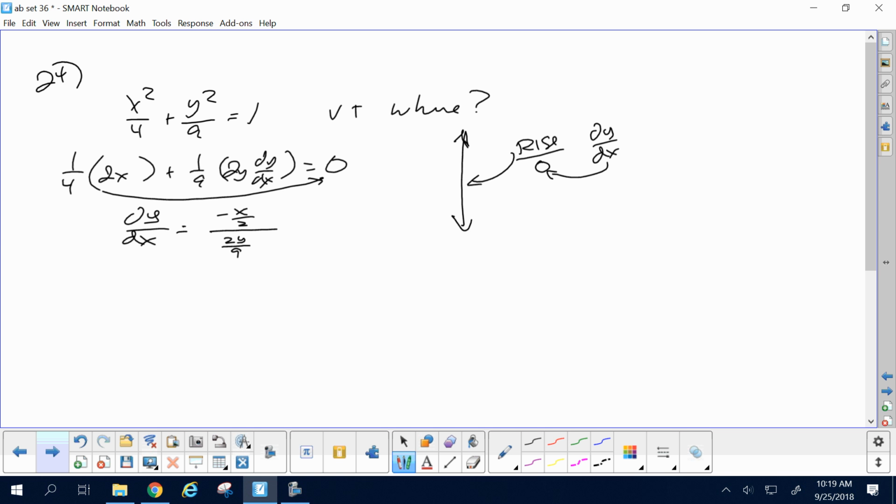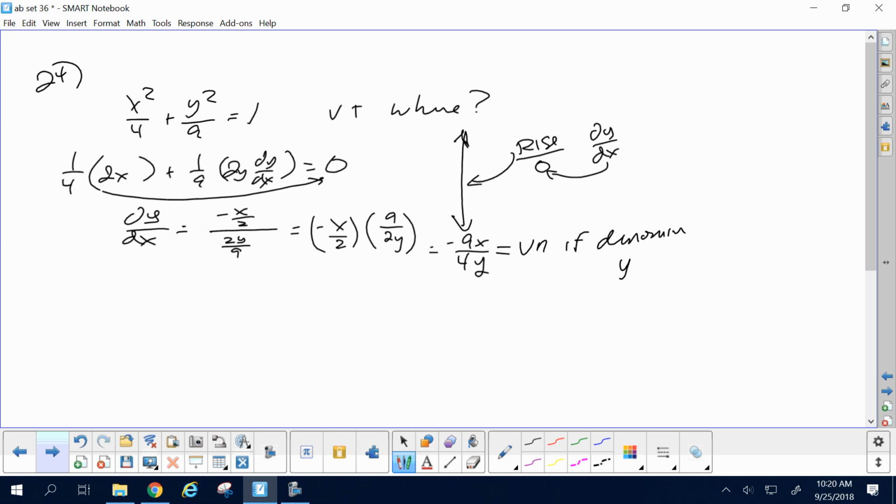Now surely that could be cleaned up, and I think it would probably be worth cleaning up, so I'm going to call it negative x over 2 times reciprocal 9 over 2y. Tracking? So negative 9x over 4y. Are you with me? Okay, now this is undefined if the denominator is 0.